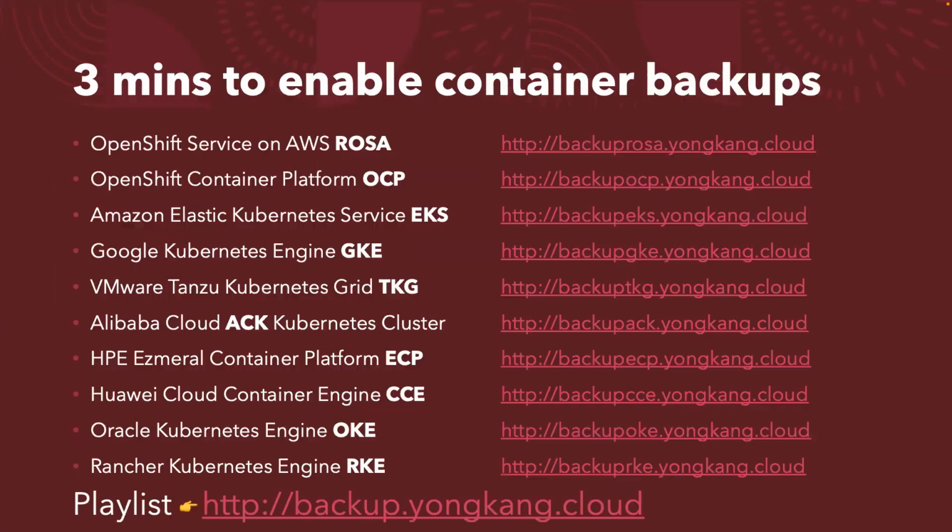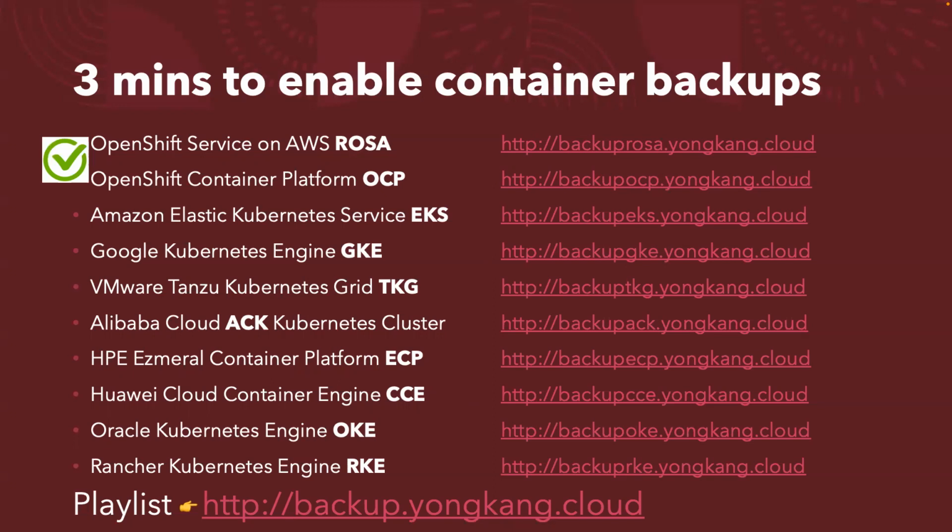And let's continue. When I talk about enabling container backups in 3 minutes, it's not just for OpenShift. It covers a variety of different Kubernetes distributions. Here, I just listed a few of the previously recorded videos. Today we are focusing on OpenShift.